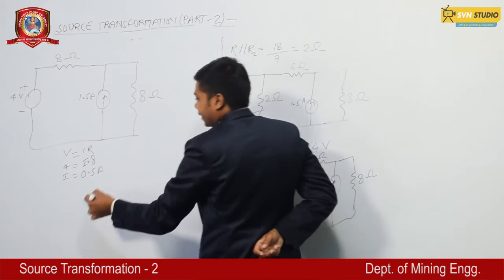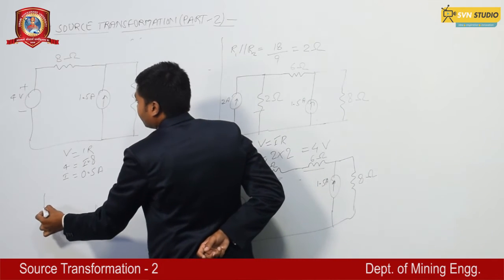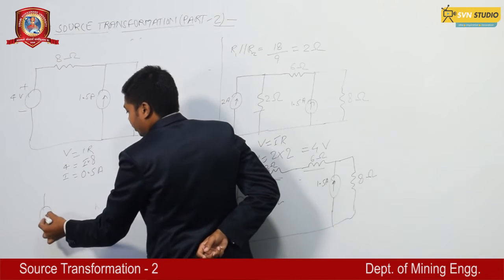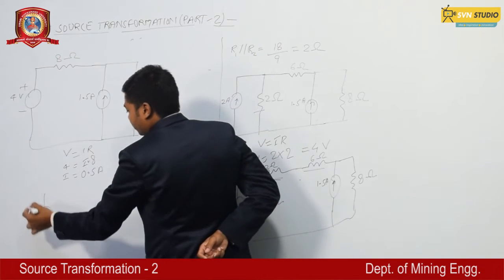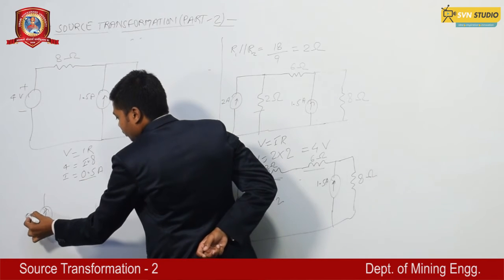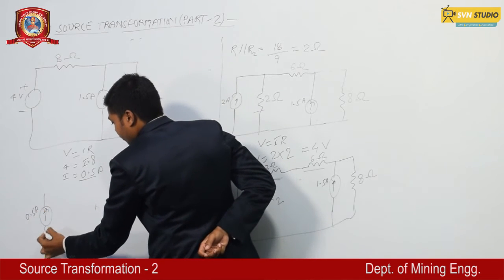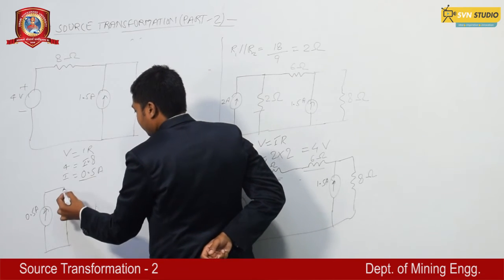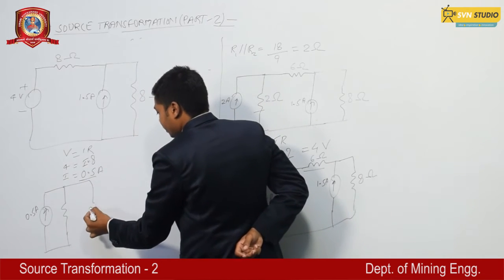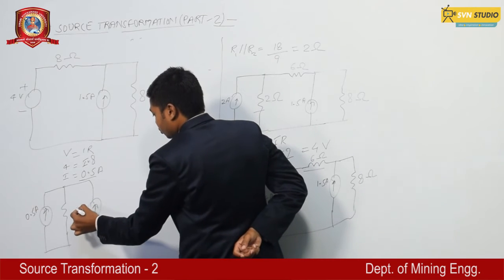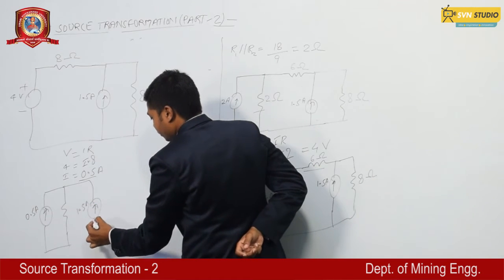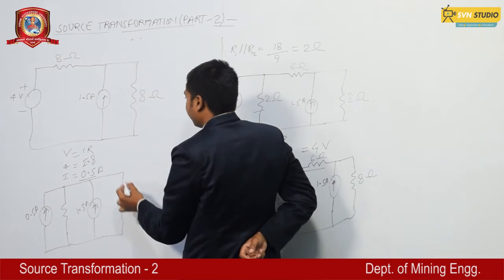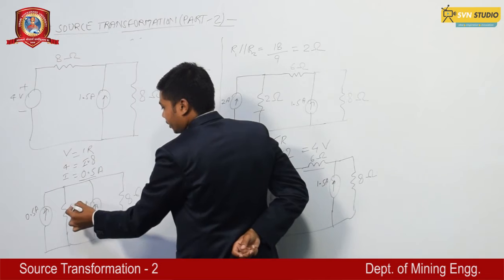Now, this will be converted into a current source and direction is negative to positive and the magnitude is 0.5 ampere. This will be connected in parallel and there is again a current source, it is 1.5 ampere, and it is connected in parallel with the 8 ohm resistance.